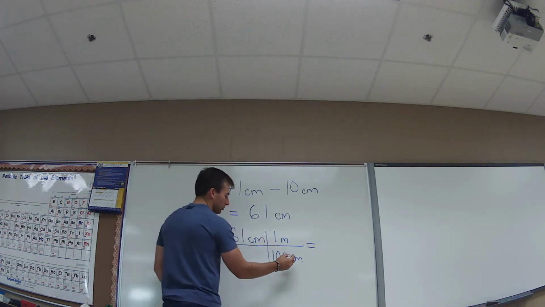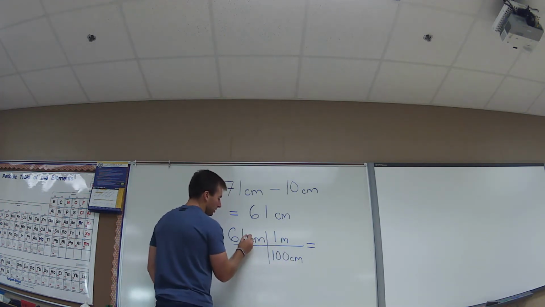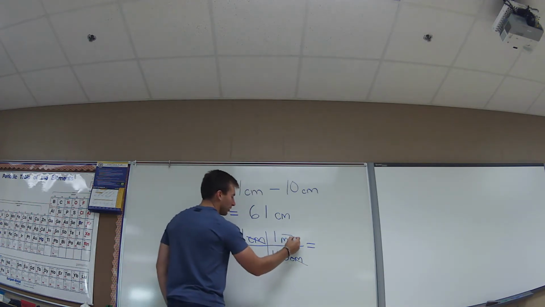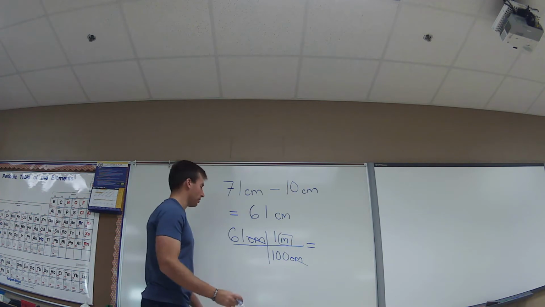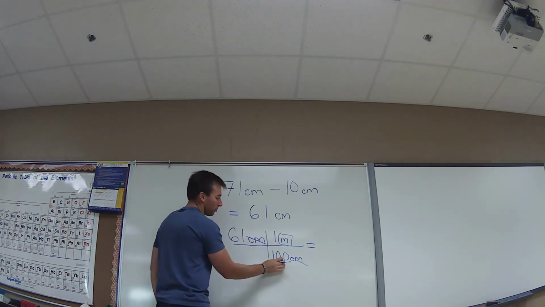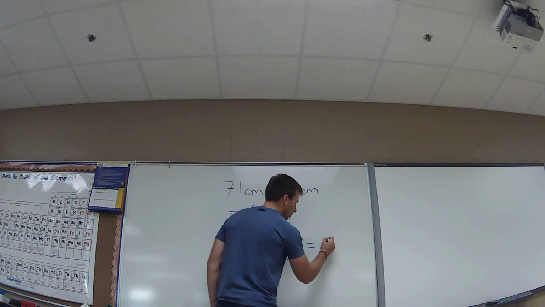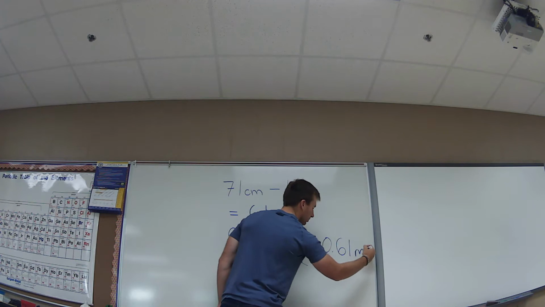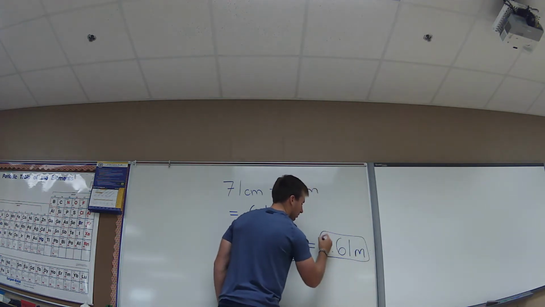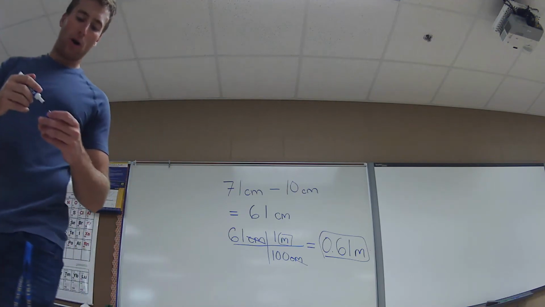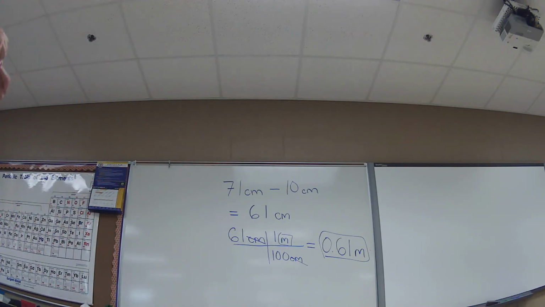To do that, we use dimensional analysis, and we know that centimeters will cancel out, and we're left with the desired unit of meters, which is great. 61 times 1 is 61. 61 divided by 100 is 0.61 meters. And that's the width of our tabletops in meters.